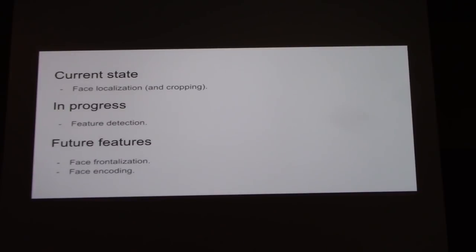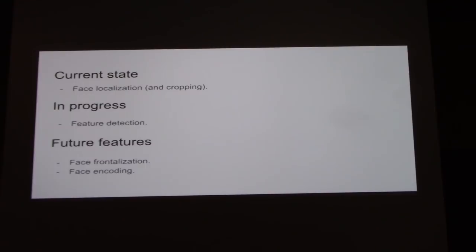The features that it's right now doing is basically face localization and cropping. It's using a couple of algorithms that are implemented in OpenCV. I'm working on doing feature detection right now, which is basically recognizing where all the different parts of the faces are located in the picture.